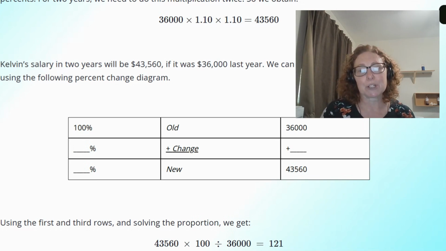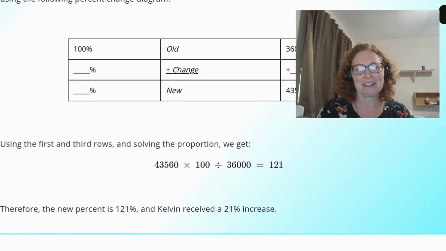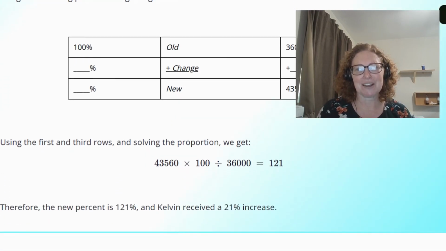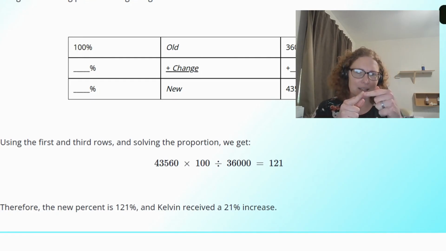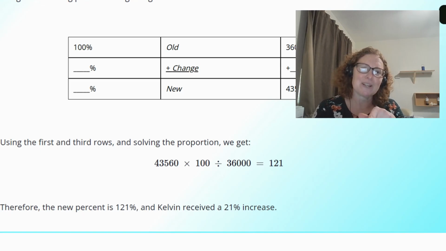We know that the original percent was 100, and so we're going to do that proportion again, using the first row and the third row. We cross multiply, 43,560 times 100, divide that by 36,000, and we get 121%. So the new percent is 121. He received a 21% increase.